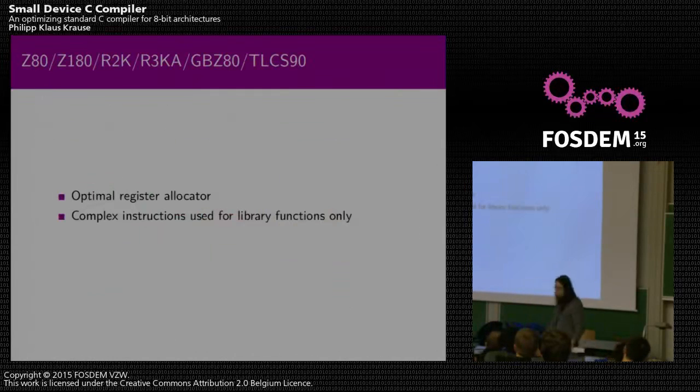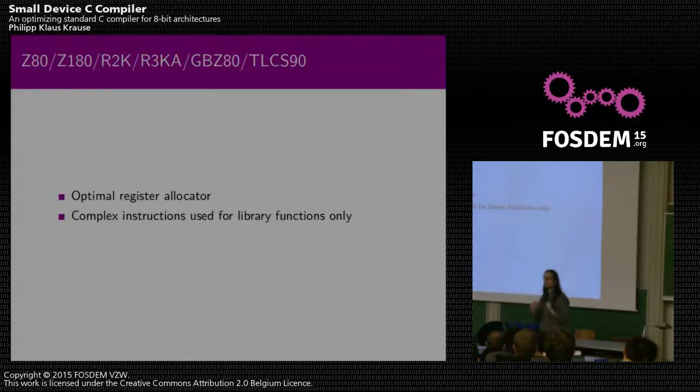OK. This is the Z80 and related ones. It also has an optimal register allocator. Now the Z80 is like the real classic CISC architecture with some weird complex instructions. These are currently only used for library functions, either in the library functions of the standard library, or if you put a call to a library function, the compiler can often optimize this out and put one of the complex instructions instead.